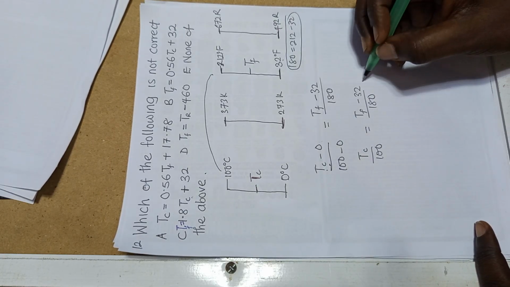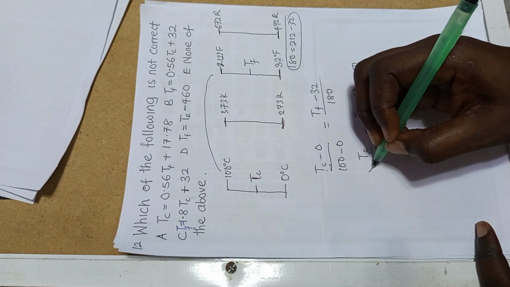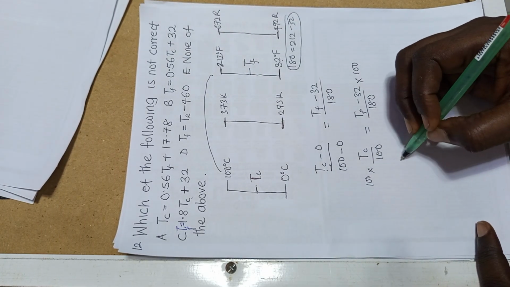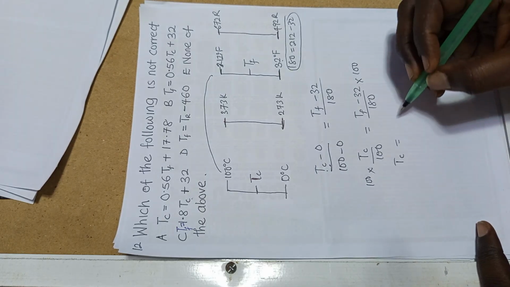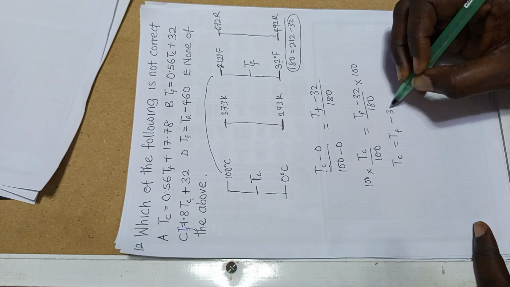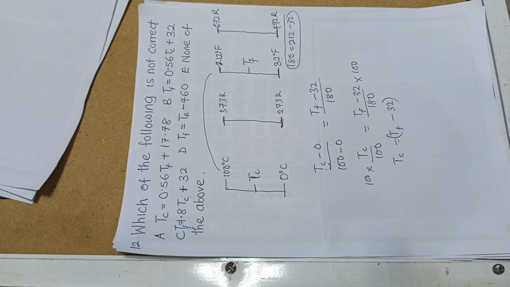So what I want to do is to multiply both sides by 100. TC equals TF minus 32 times 100 divided by 180, which will give us 0.5556.